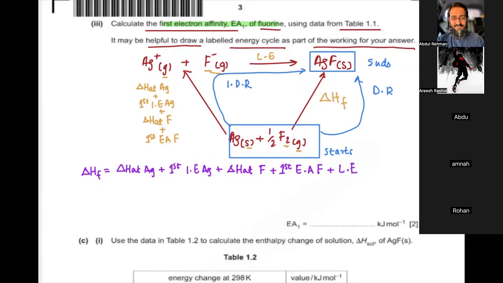So this is what the examiner asks you to calculate, right?